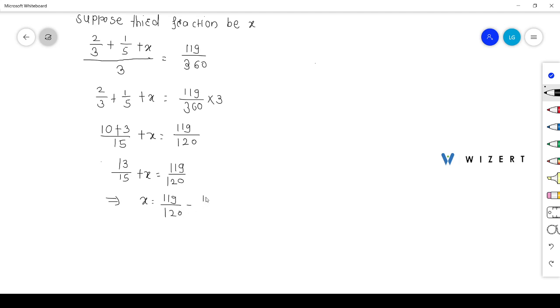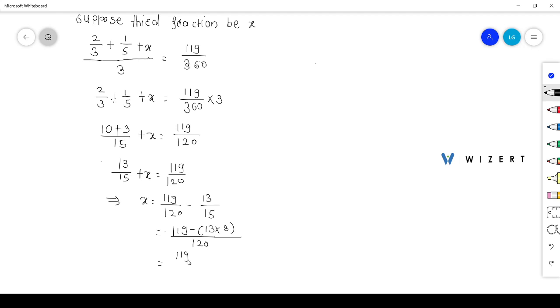Now subtract both the sides by 13 by 15, so x will be 119 divided by 120 minus 13 by 15. Now here LCM is 120, so 119 minus 13 into, we need to multiply here 13 by 8 to get denominator 120.